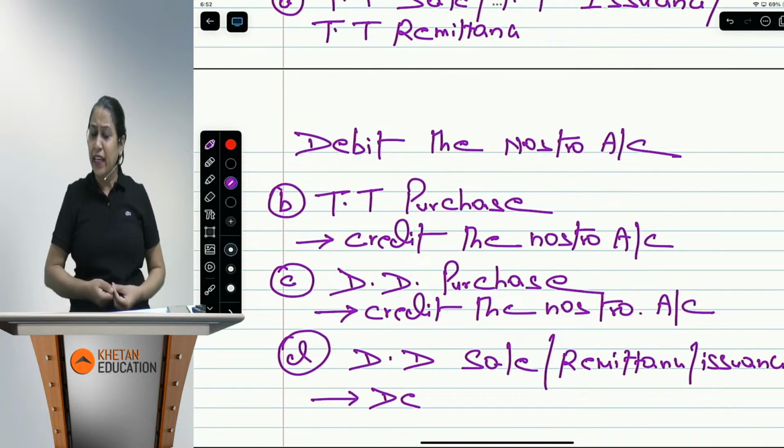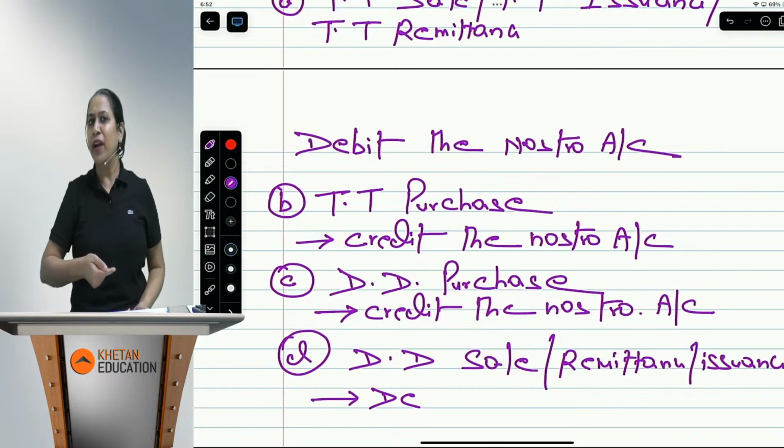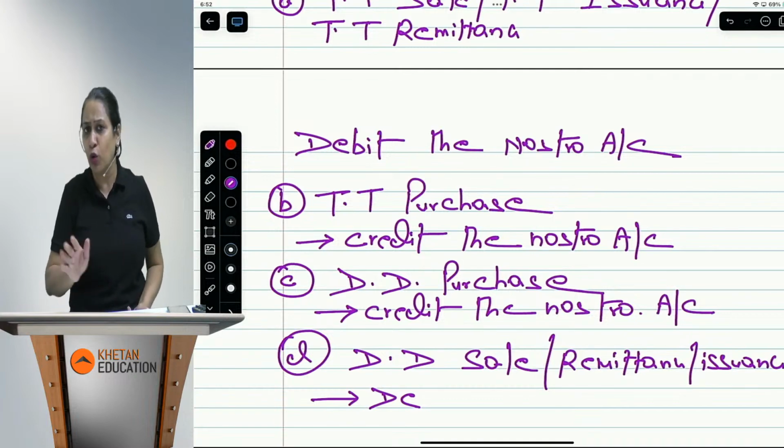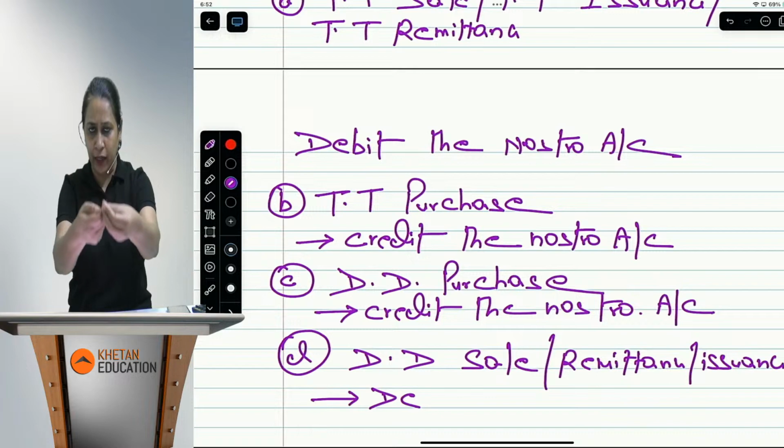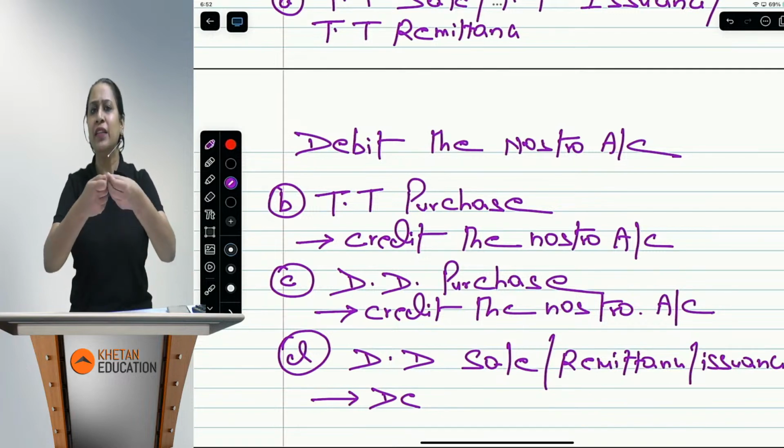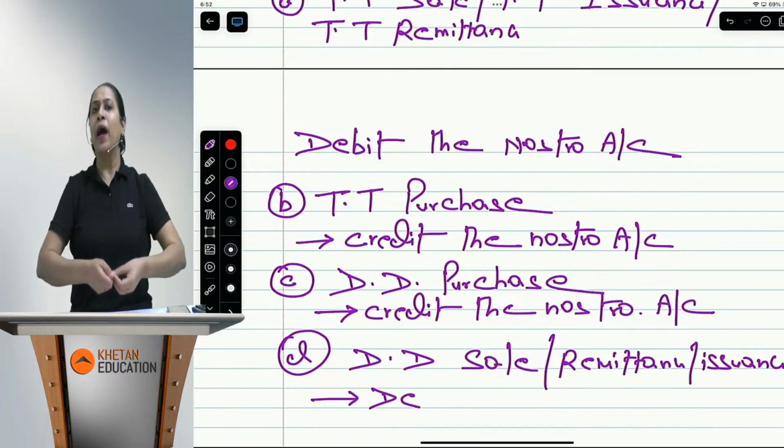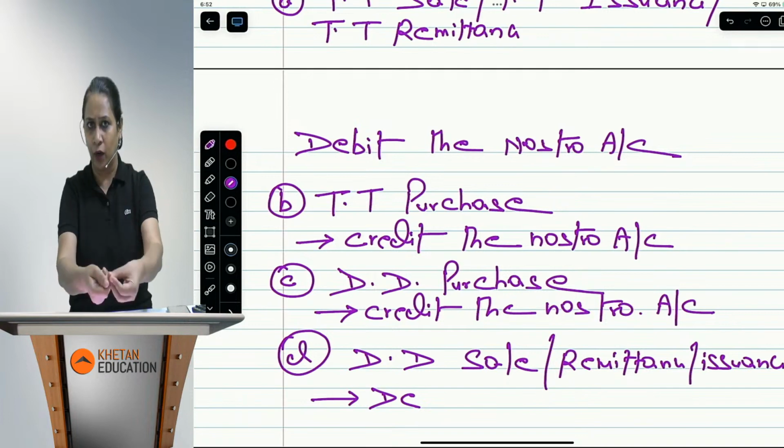SBI gives me the DD. Look at that. The movement is of rupees. There is no dollar movement out there. And hence, debit the nostro account but not immediately. So I courier that DD to that author. The author will present the DD in front of the bank and the bank will give him the $100.